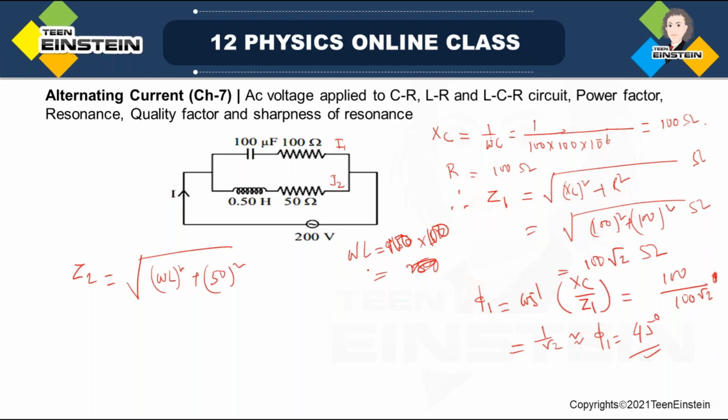Okay, I'll just rewrite this. Omega is 100, right? So 100 into 50.